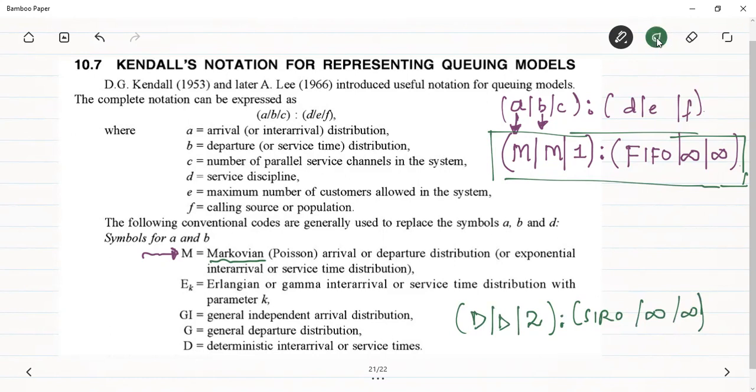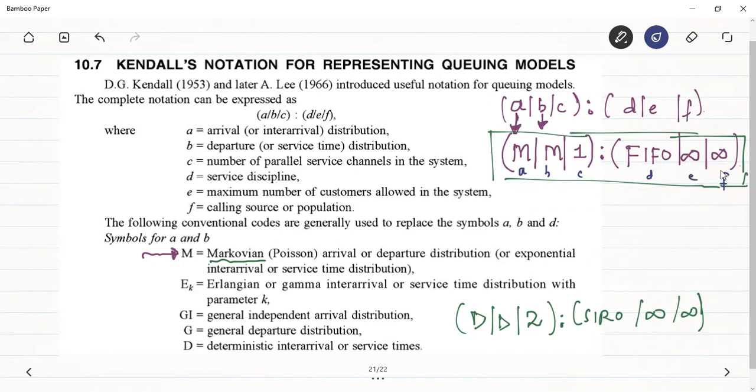So if they put this queuing model in front of you and ask you to decode it, you will look at A, B, C, D, E, F. A is M, and M means Markovian, which means Poisson arrival. B is M, Markovian service, which means negative exponential service. C means number of servers, and here C is equal to 1, so you have one server. D is FIFO, that is the service rule, first come first serve. E is the capacity of the system or maximum number of people allowed in the system, which here is infinite capacity.